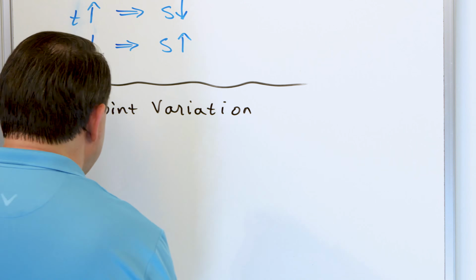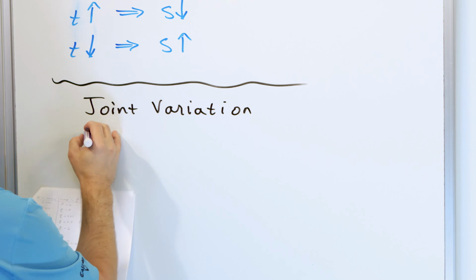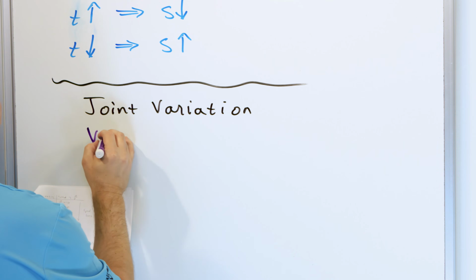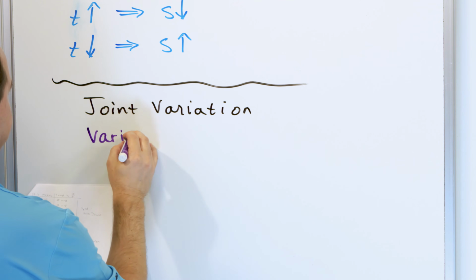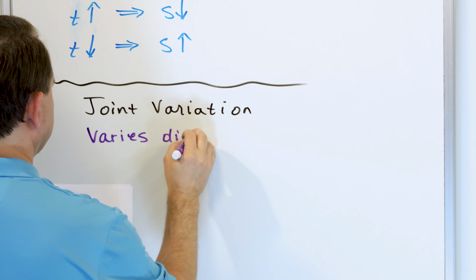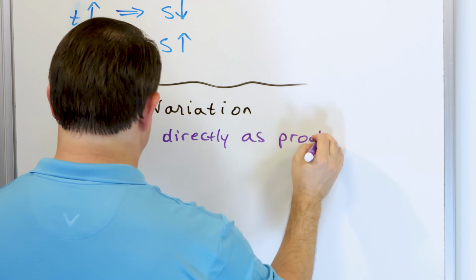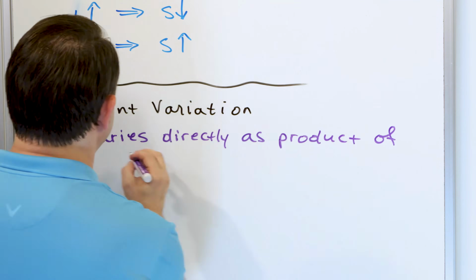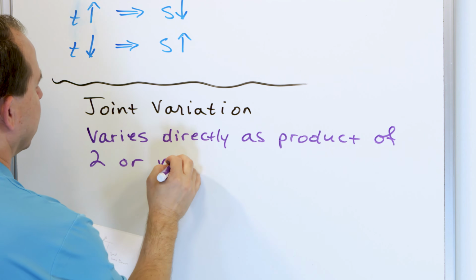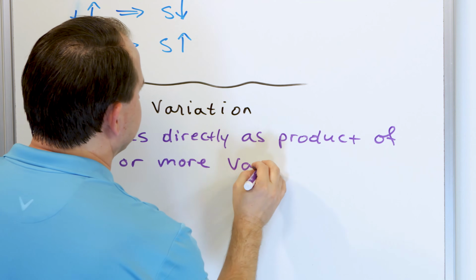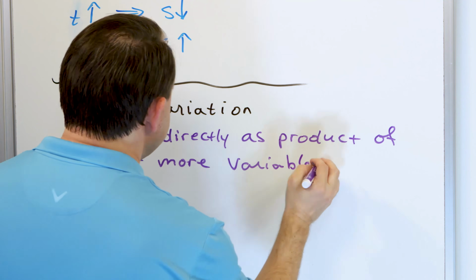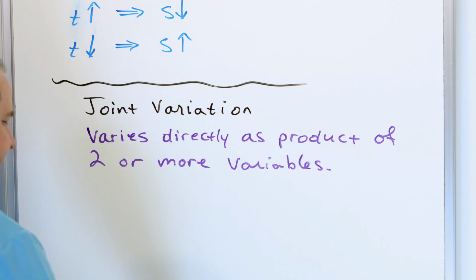But basically, joint variation happens when we have variation, or varies, directly as the product of two or more variables. Let me give you a couple of examples of that.